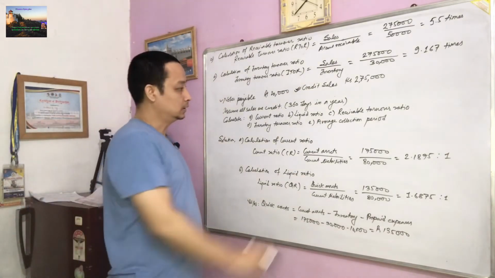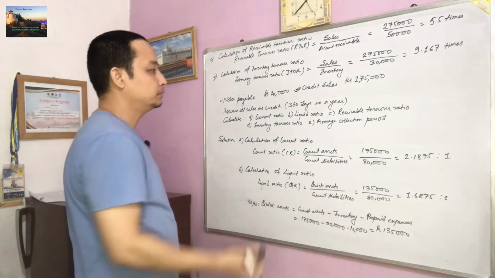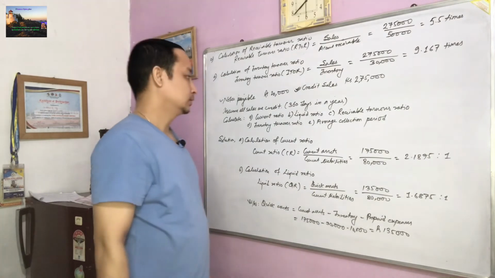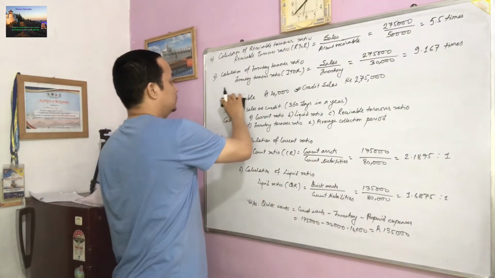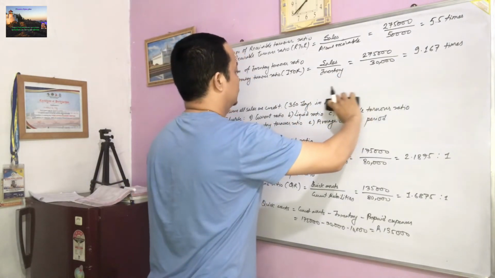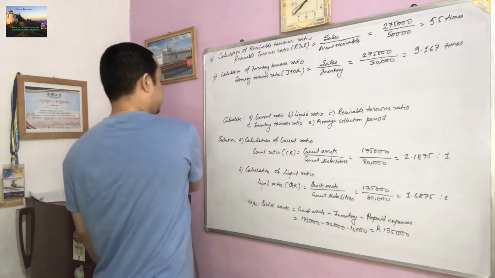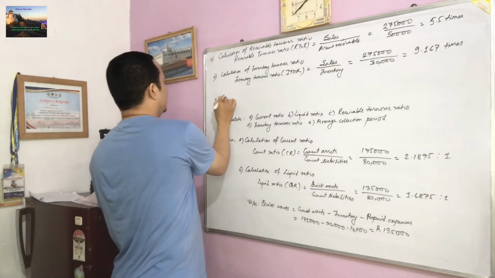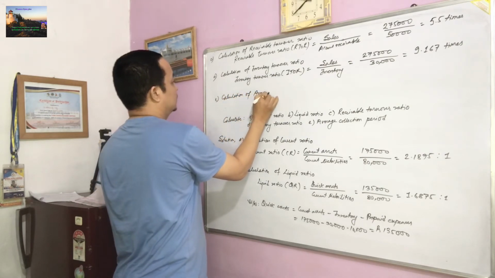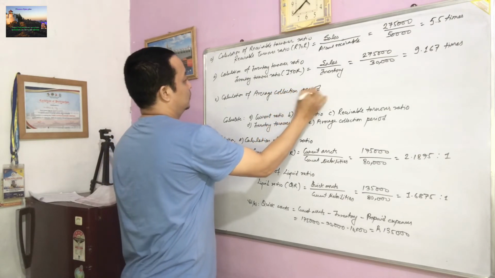Now the last one, average collection period. So this you have to find. So average collection period is also called days sales outstanding. Okay. So now let's find the value of average collection period. Calculation of average collection period.